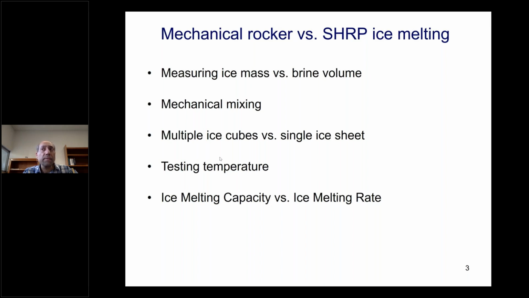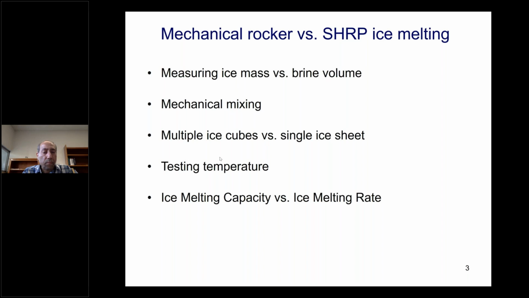So many chest freezers can afford to do the test at these temperatures. As a result, we can use cheaper equipment for the mechanical rocker test.